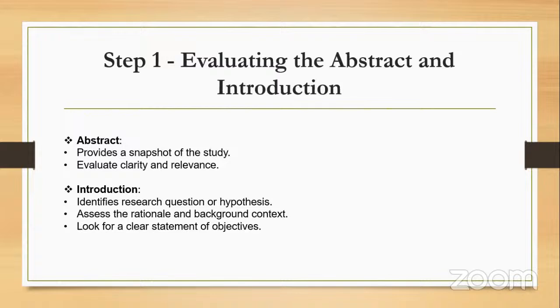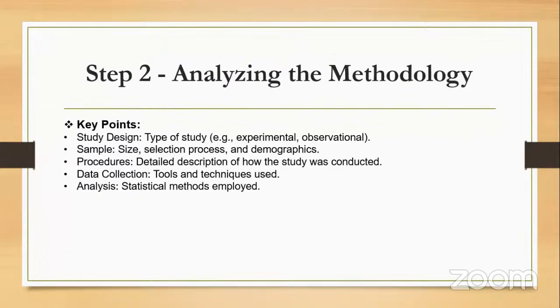In the introduction, which identifies the research question or hypothesis, we assess the rationale and the background context. We look for a clear statement of objectives and compare those objectives to the objectives we are looking for in the research paper.